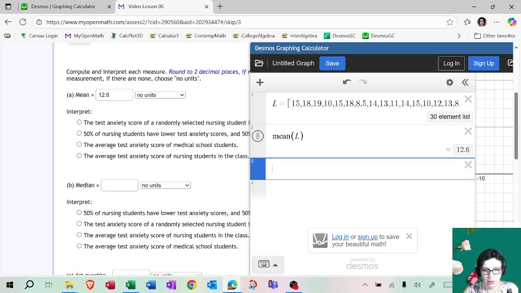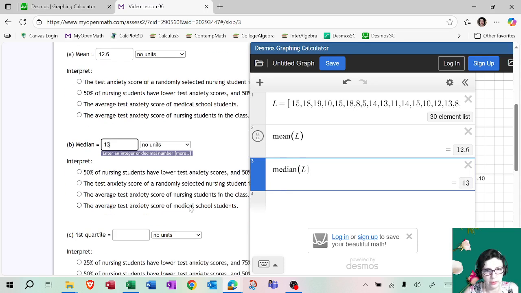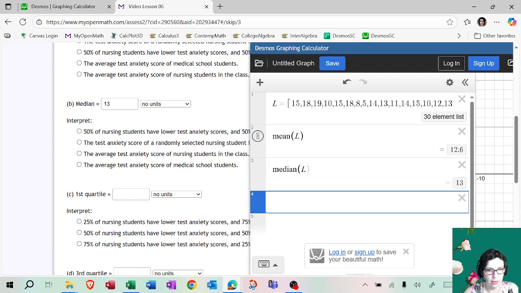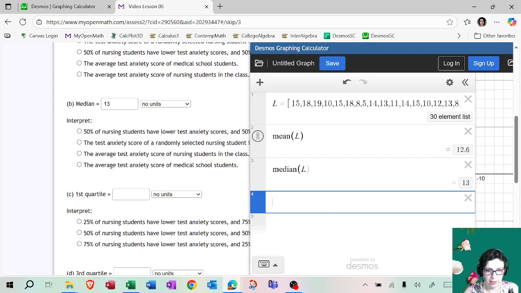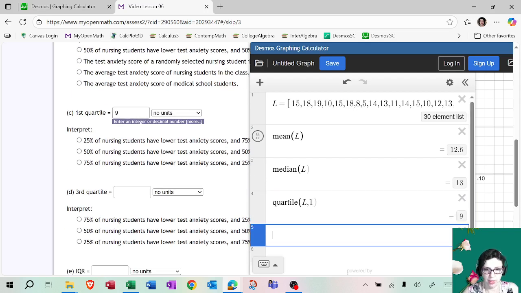Let's go to the median. If you need to round, it says 2 decimal places, just in case. I did not have to round, but you might have to, so please do that. For the quartile, you also have to specify which one. So this would be quartile L, comma 1. So that's the first quartile. Okay, so that's 9. Third quartile is quartile L, comma 3.